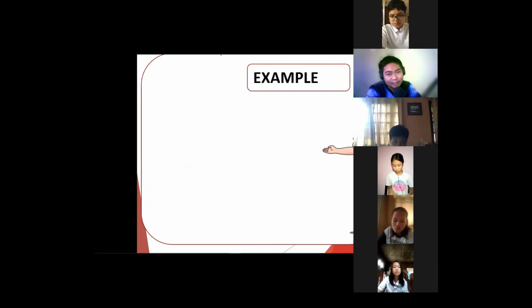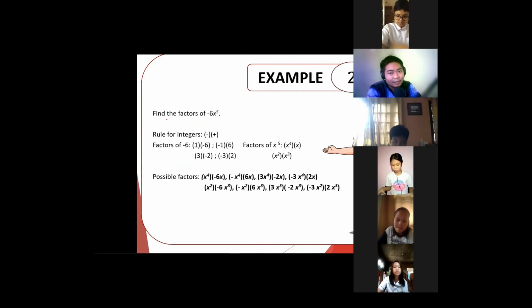Another example: finding the factors of negative 6x raised to 5. By the rules of integers, negative times positive would be negative, and positive times negative would be negative.